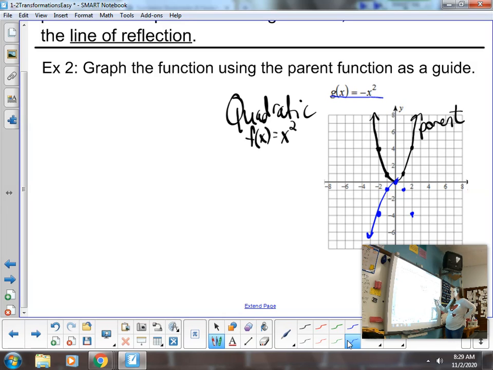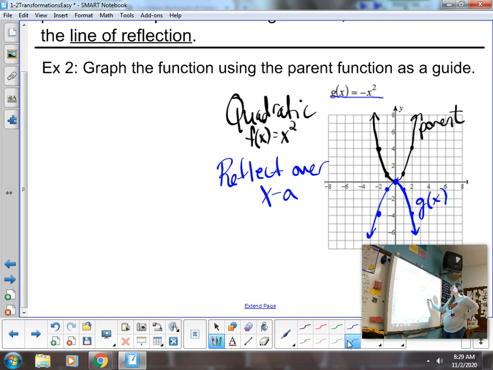So you can see we have the same shape as we did with the parent graph, but now our graph is flipped upside down. And that's what the negative in front of the function does. It is actually going to reflect over the x-axis.